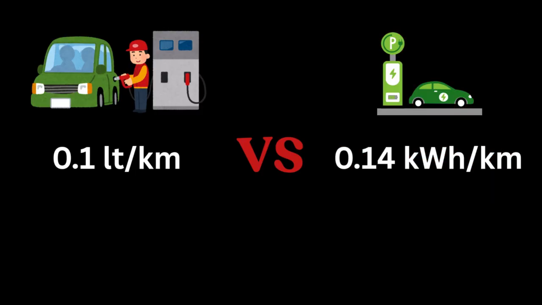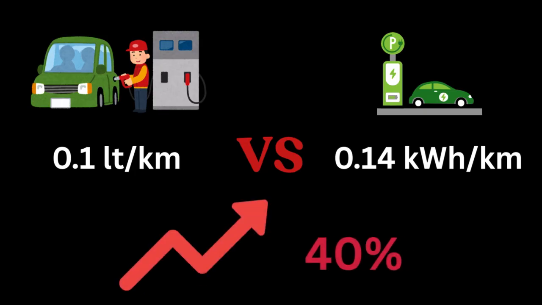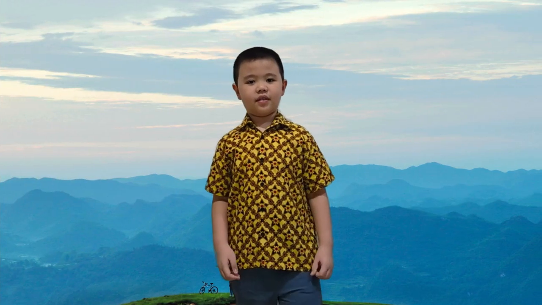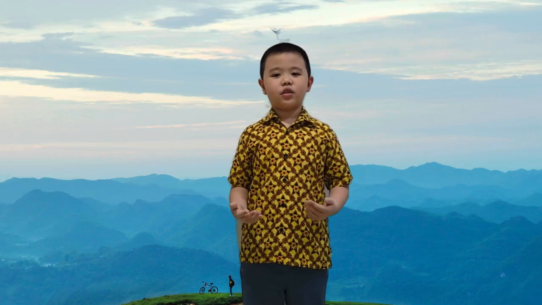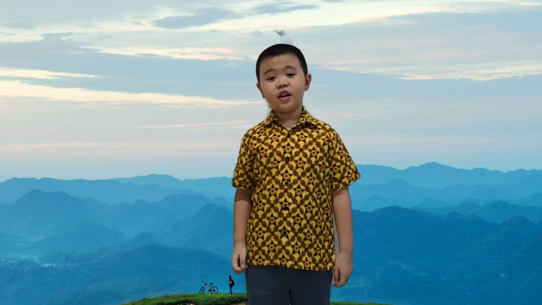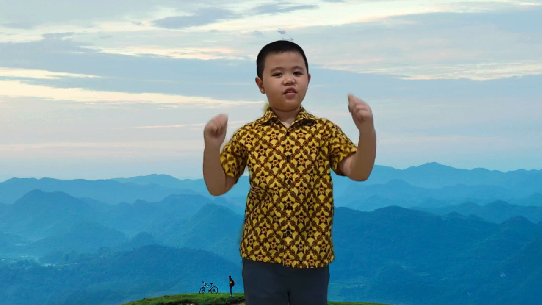So that means if we use electric cars, the consumption ratio will increase by 40% compared to using gasoline cars. So that means using gasoline cars is better because it took less consumption ratio. I don't think so. Let's calculate further.